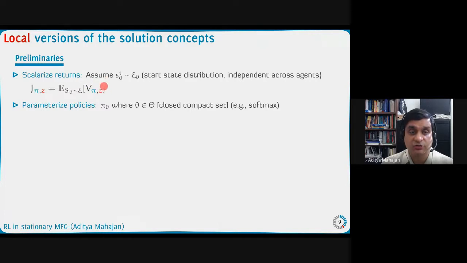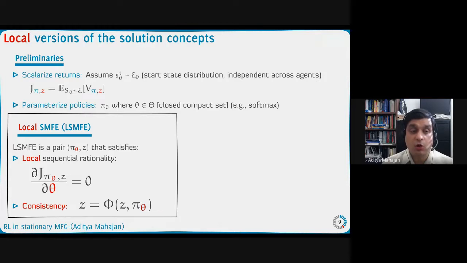Sorry, there's a typo here. This should be value function evaluated at S naught, distributed according to this distribution sigma. And I'll also assume my policies are parameterized by some parameters theta, which lie in a closed compact set. So we can think of that as softmax policies.